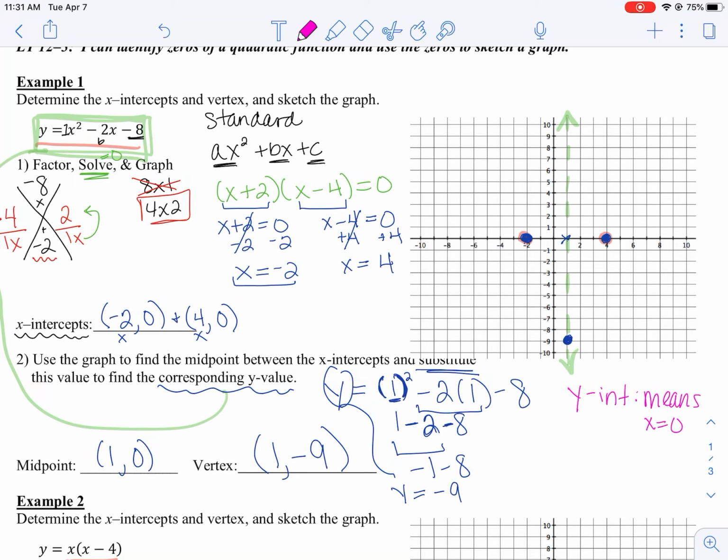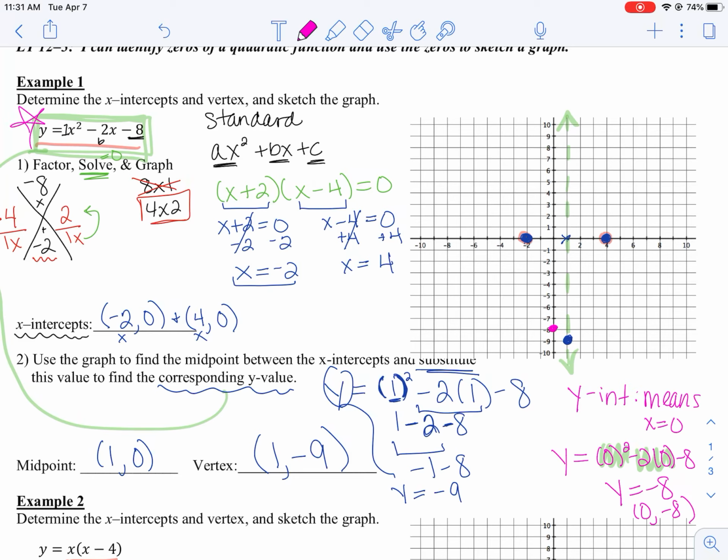So if I, again, go back to the original equation and put 0 in for x, what do we get out for y? Well, this would be 0, this would be 0, so -8. So our y-intercept is 0 for x, -8 for y.